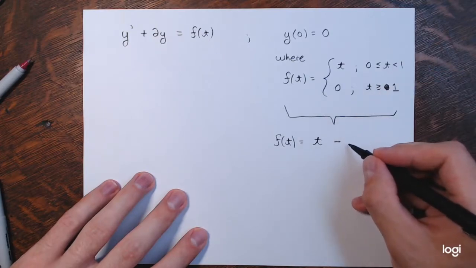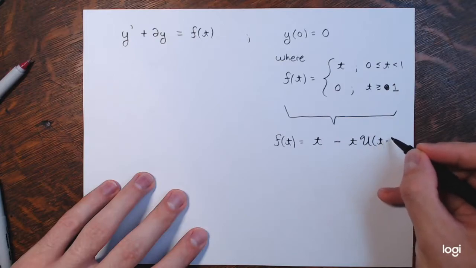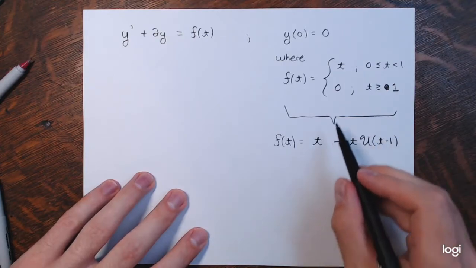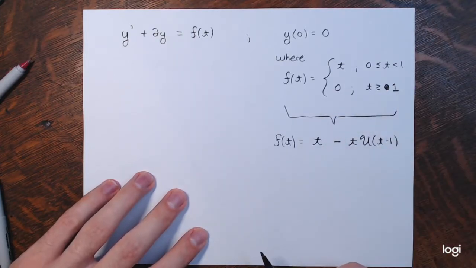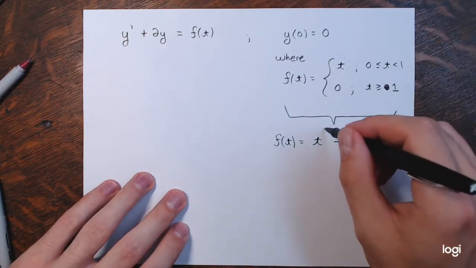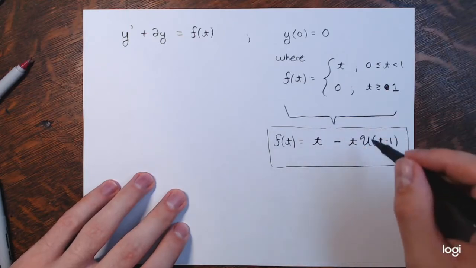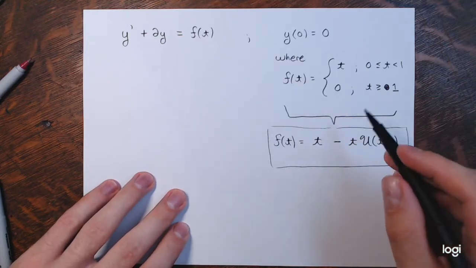So t minus t times the unit step function at t minus 1. And then I add on 0 times the unit step function at t minus 1, but there's no reason to add 0. So there we go. Here's a way to rewrite f of t without pieces. These are the same function. They mean the same thing.